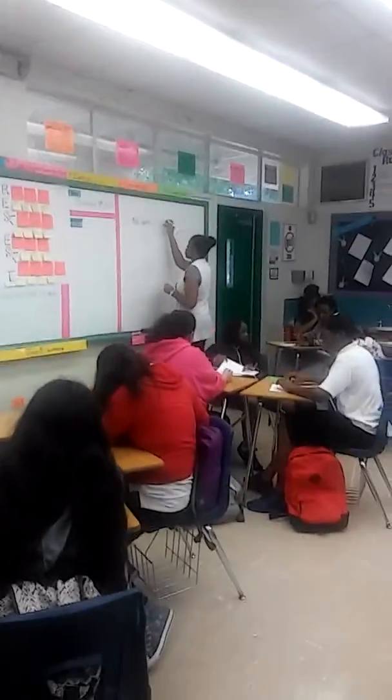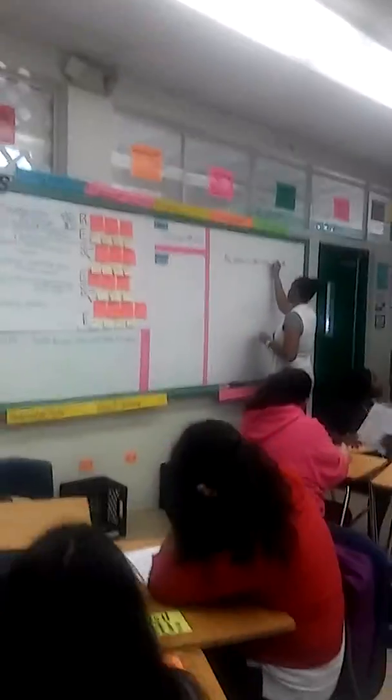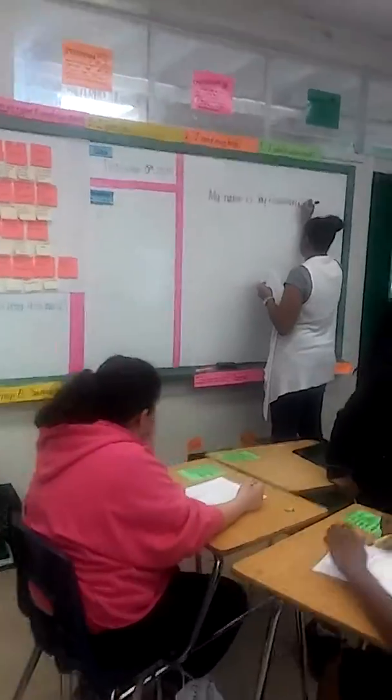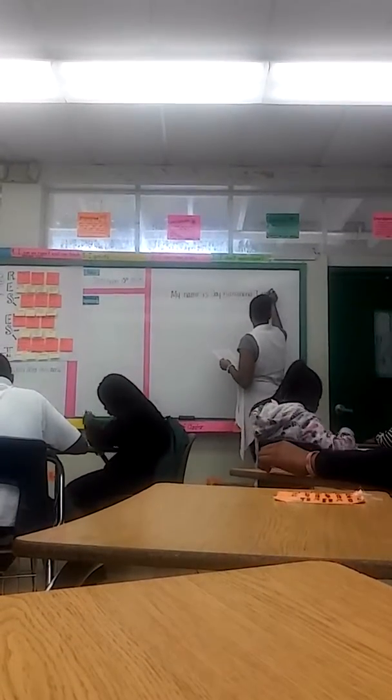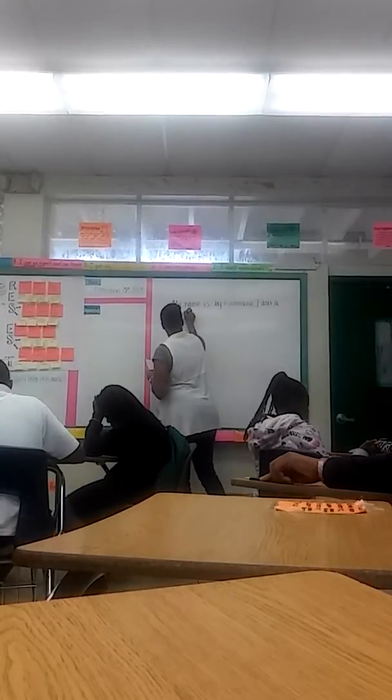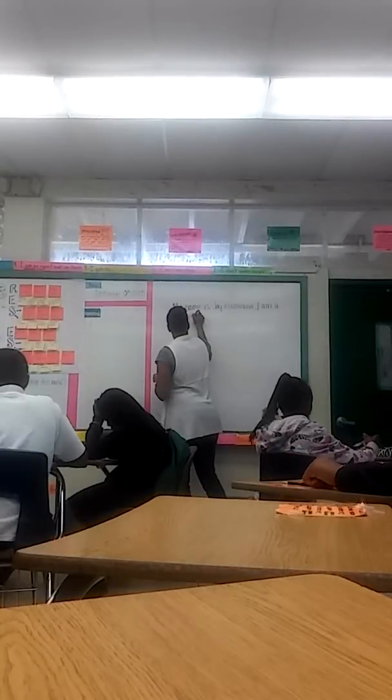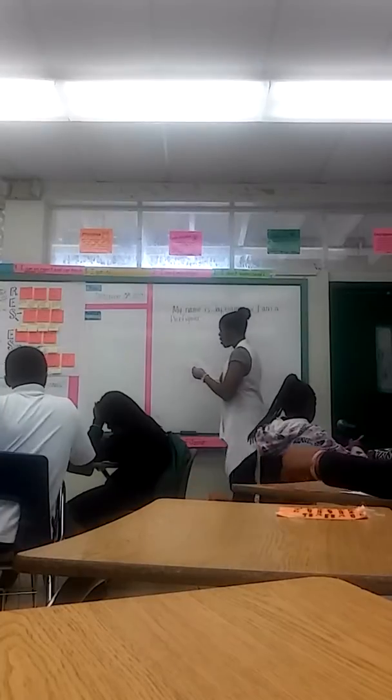Okay, look up here. Alright, so I'm going to start off by writing the very first sentence that I see on the paper. It says, my name is Jay Hammond. I am a firefighter. Number 2. Alright?